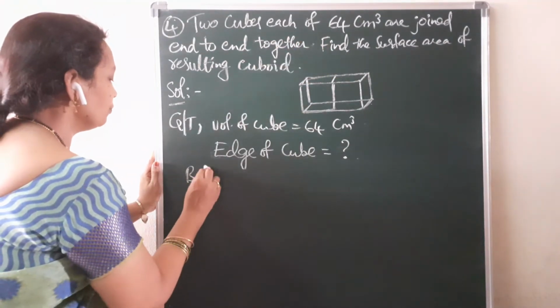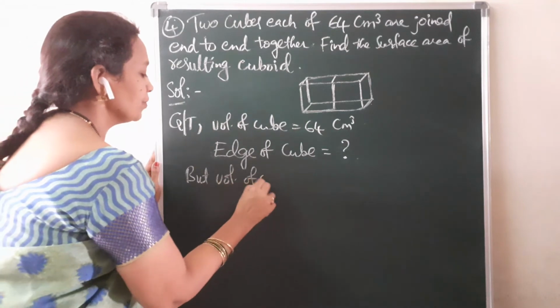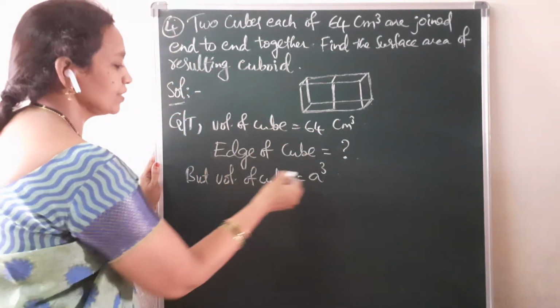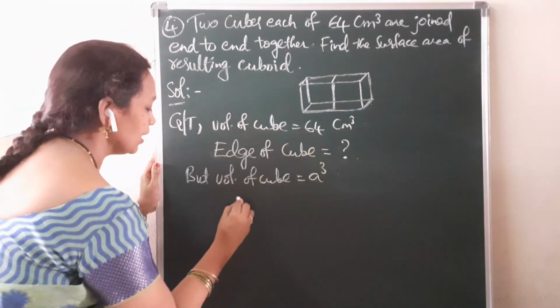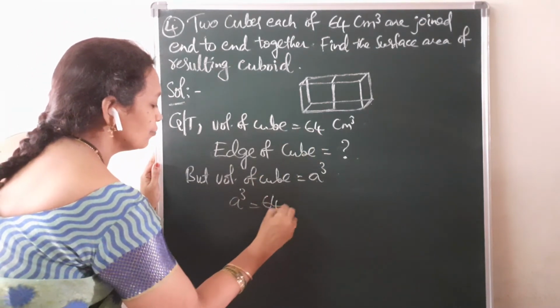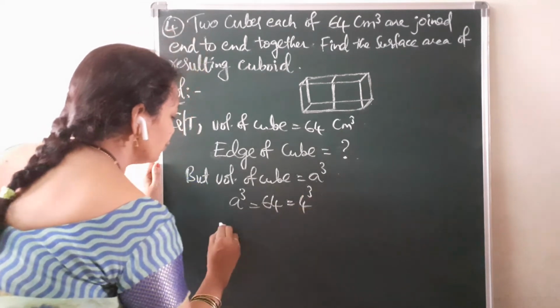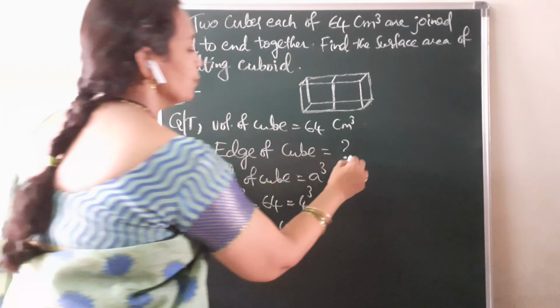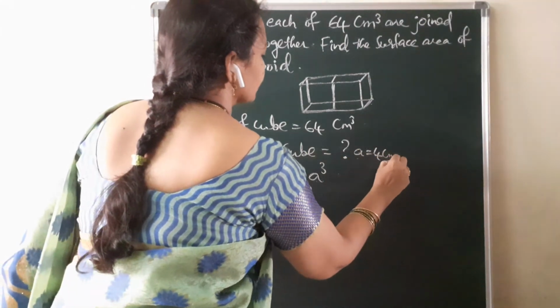But what is the volume? Volume of a cube is equal to a cube. So you can equate it. A cube is equal to 64, and 64 can be written as 4 cube, implies a is equal to 4 centimeters. So edge of a cube, a, is equal to 4 centimeters.